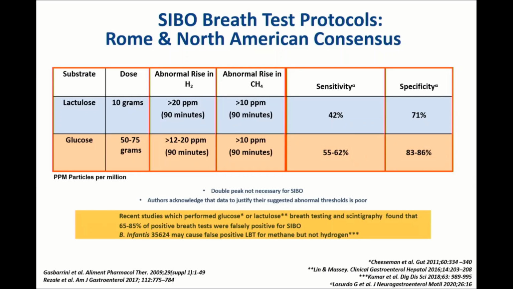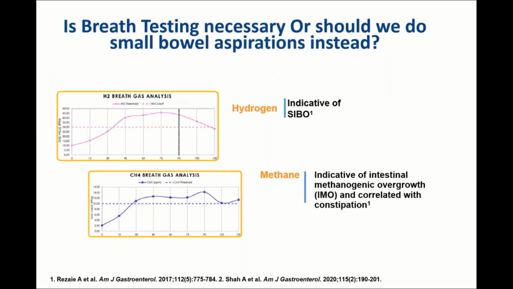It's only 10 parts per million when you're using lactulose or glucose. And mind you, this really has low sensitivity, whether lactulose or glucose, as we can see, 42% and up to 62% with glucose, and 42% with lactulose, but it's highly specific when it's positive. So it's an imperfect test.